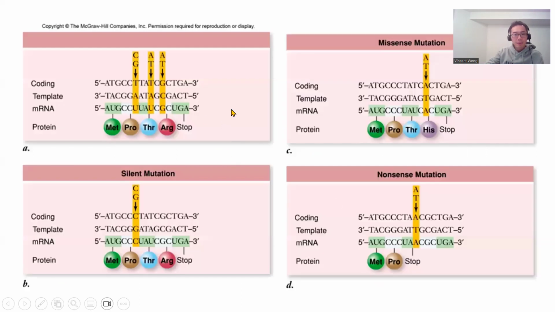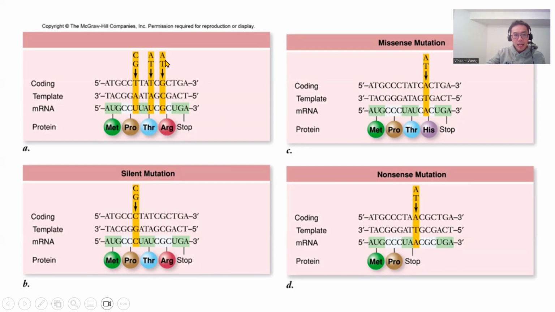So here are some examples to show you, with the coding strand and the template strand. You can see, let's say you change this one. This one says GCT. So if you do the transcription, GCT is going to become GCU. And if you look up GCU, it's going to code for arginine, ARG.